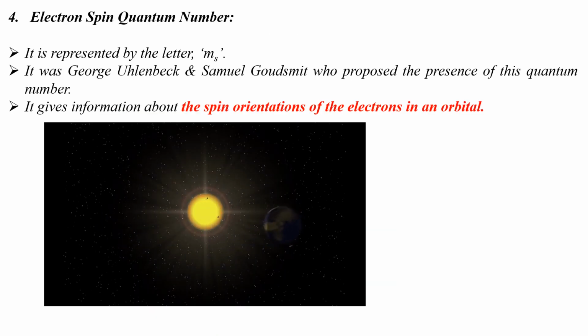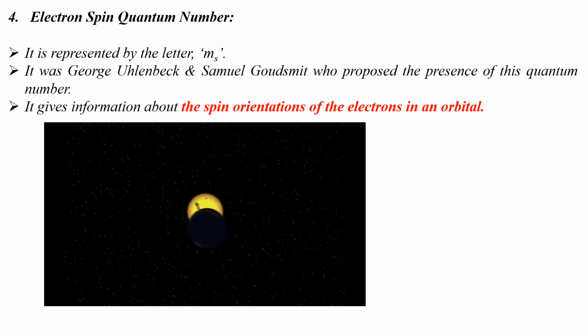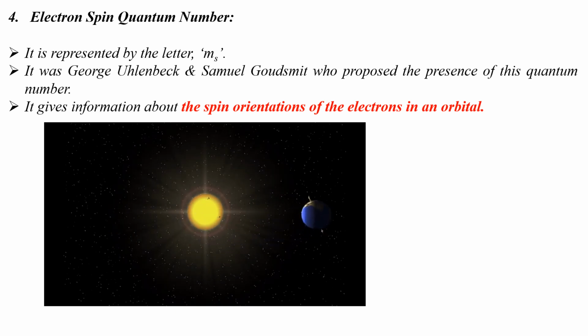Remember when we studied about the limitations of Bohr's model, we learned about doublets which are found in the line spectrum of hydrogen. What are doublets? Two closely spaced lines. Did the three quantum numbers which we discussed recently tell us anything about these doublets?